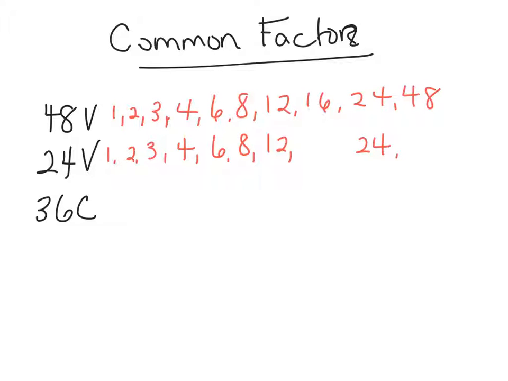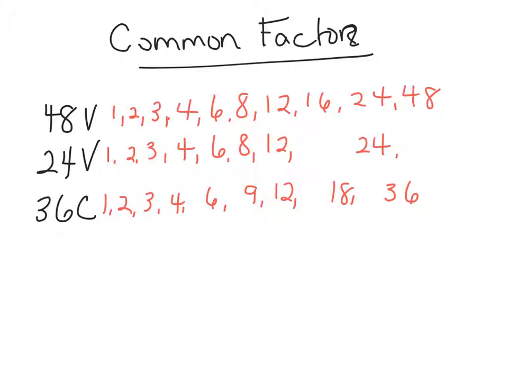And for 36, it's going to be 1, 2, 3, 4, 6, and then we have 9, 12, 18, and 36. So what we're after is the greatest common factor.